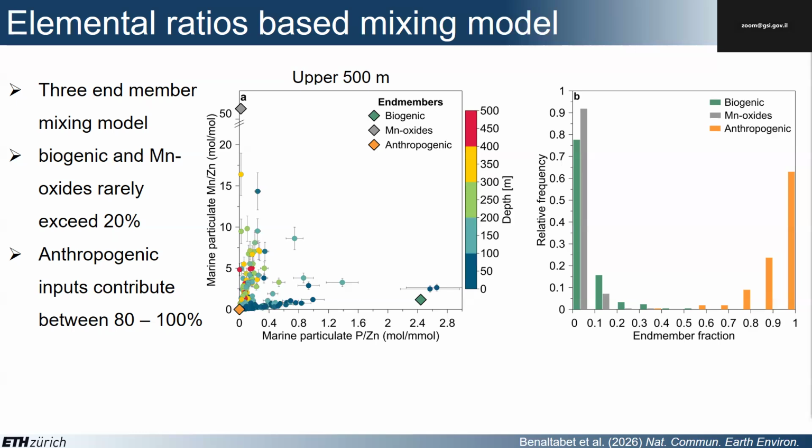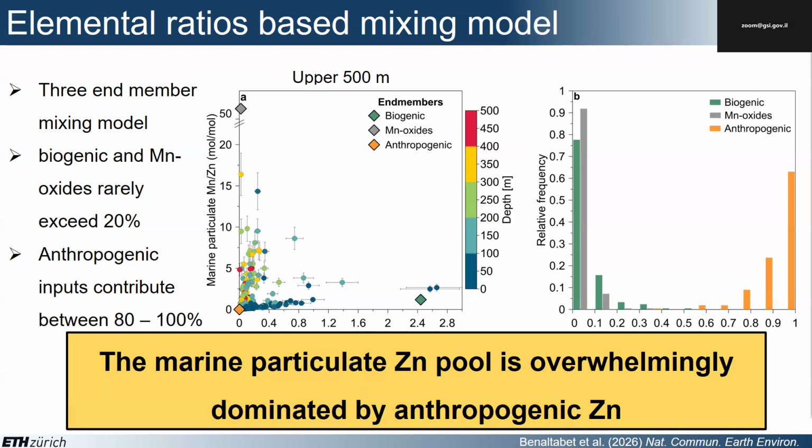So all of these tracers point out that the marine particulate zinc pool is overwhelmingly dominated by anthropogenic zinc, with virtually no trace of natural processes. And this observation was quite surprising. We expected to find some sort of evidence of anthropogenic zinc, even in this remote ocean, but we didn't expect it to be overwhelmingly dominated by anthropogenic inputs.